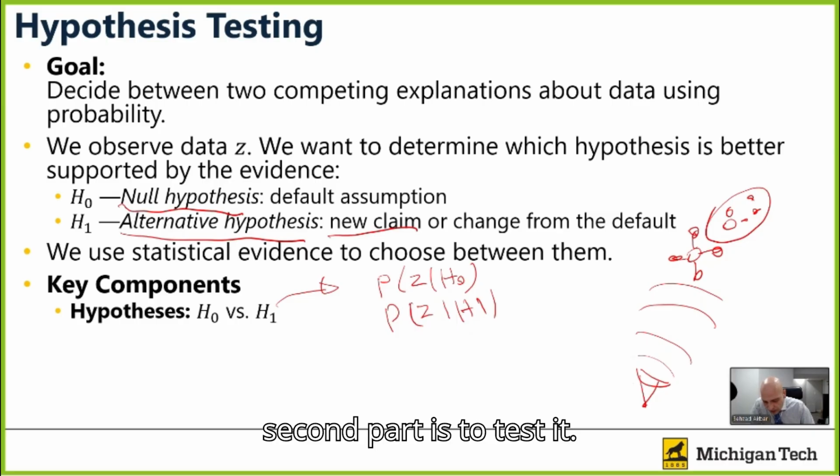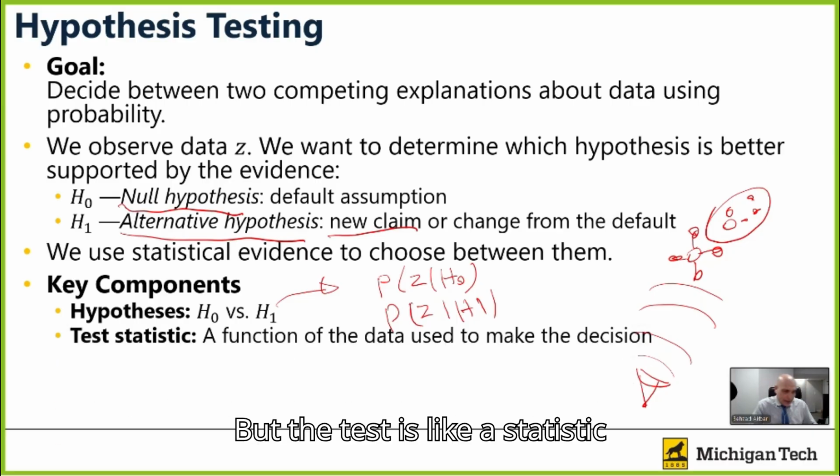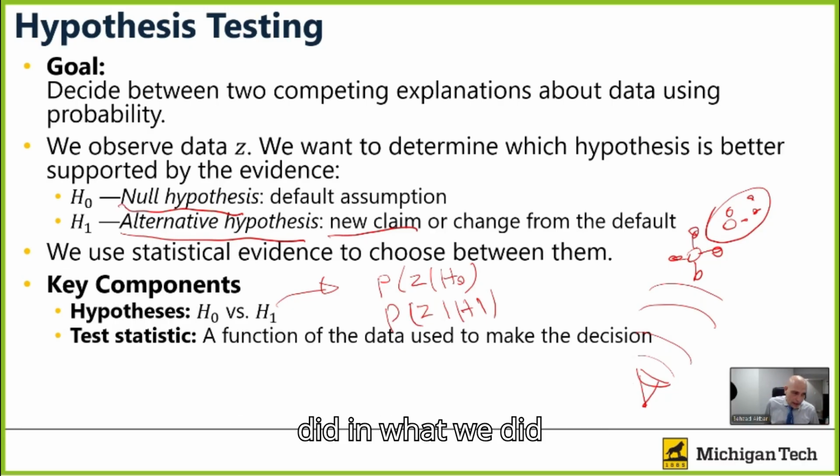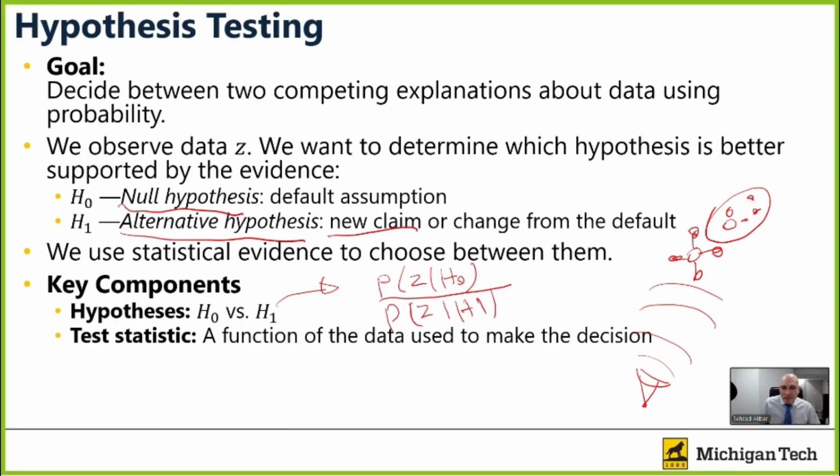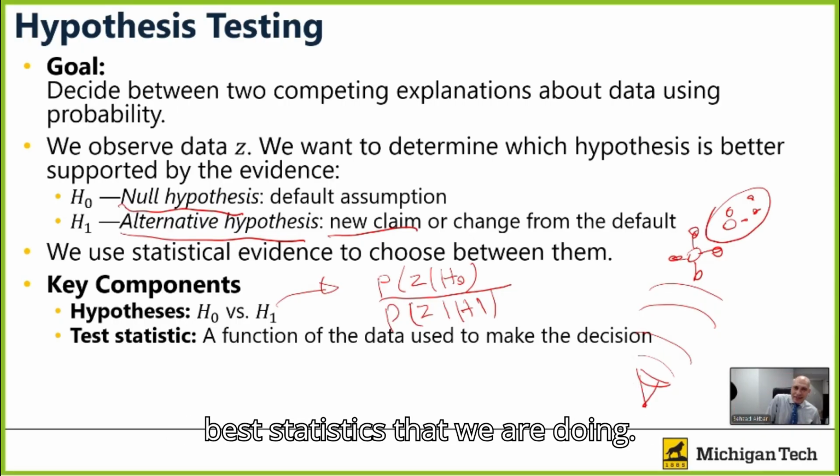The second part is to test it. But the test is like a statistic testing. So like what we did in finding these likelihoods, we computed a Mahal distance. Mahal distance is one of the test statistics that we are doing.